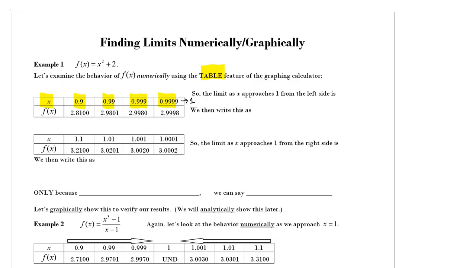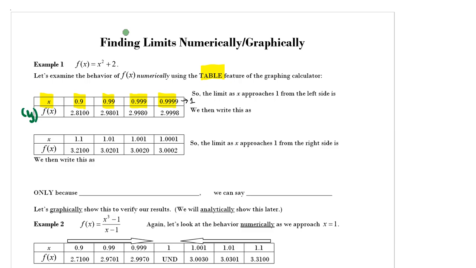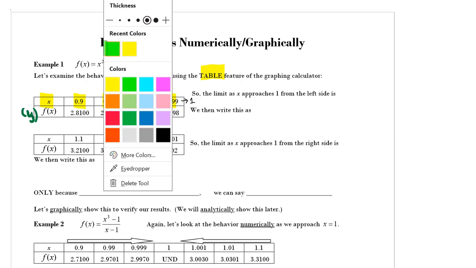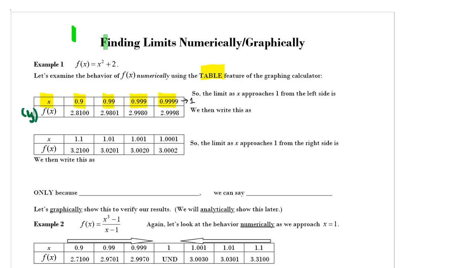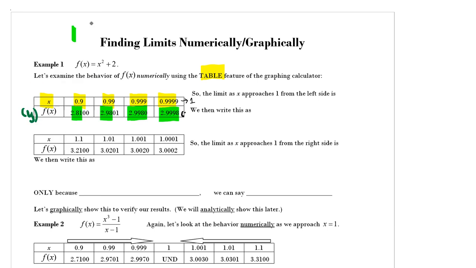The f of x values, just a reminder in your table, are going to be your y values. And in this particular instance, as we head towards 1, we're going from 2.81 to 2.98 to 2.99 to 2.999. The y values are headed towards 3.